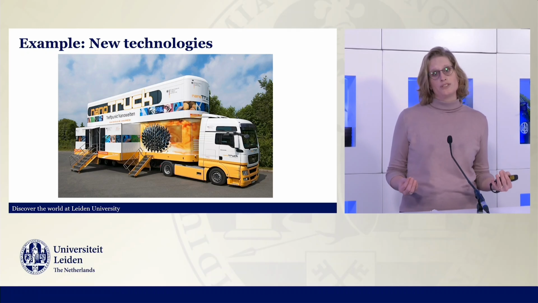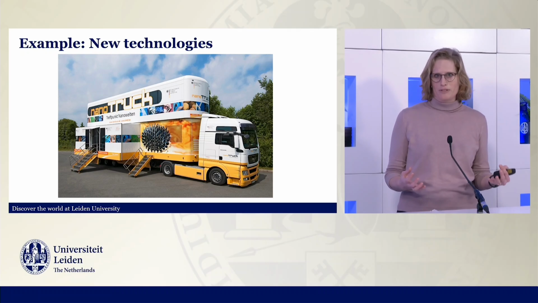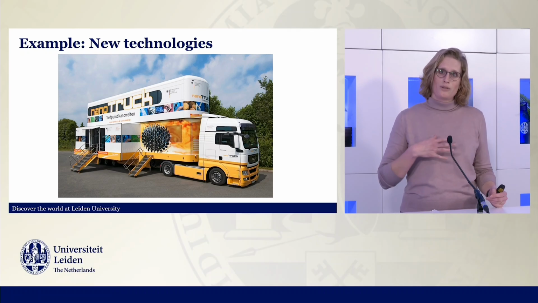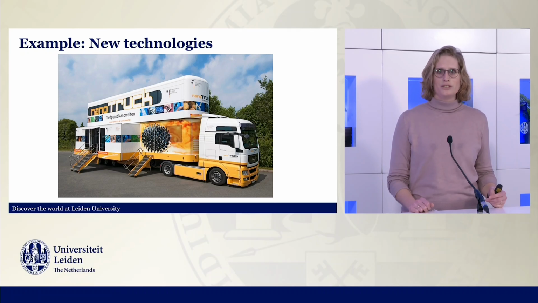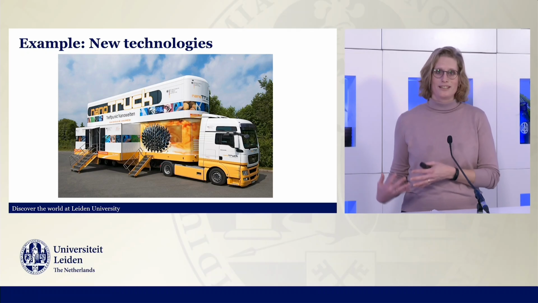So for example, with genetically modified foods, even though scientists were very excited about the role it could play for society, people were afraid of it. And it's important to take people along throughout the development of the technologies to understand what they're afraid of, what they find important, to know in advance how you can combine the science and the society.